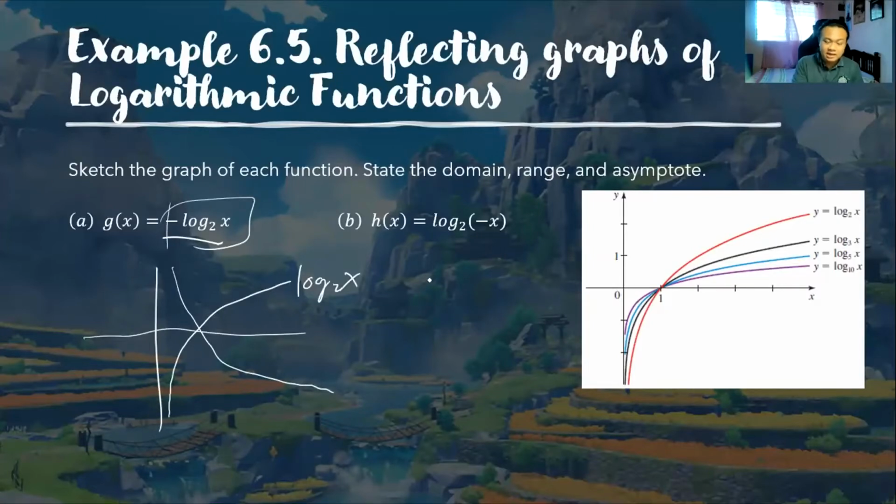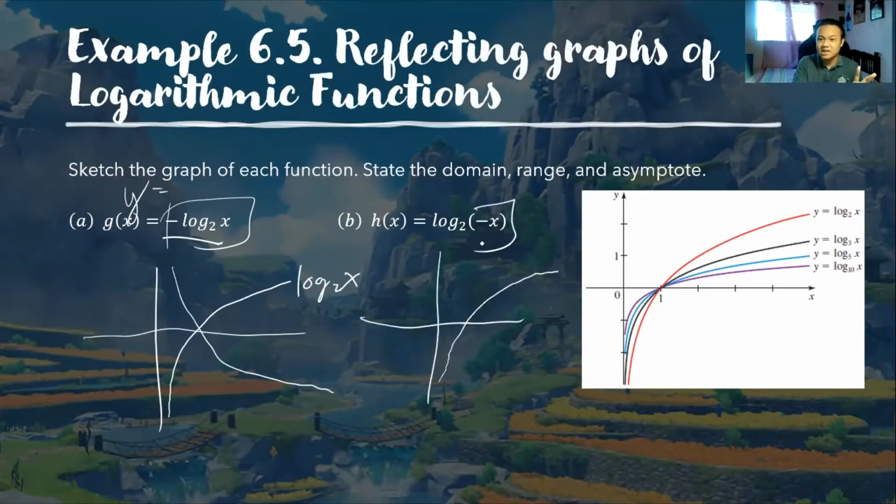And then for this next one, we start with the same graph. Which axis do we reflect on? Remember, before we reflected on the x-axis, but now we reflect on the y-axis because it is negative x, since it is x that we modified. So we reflect on the y-axis.